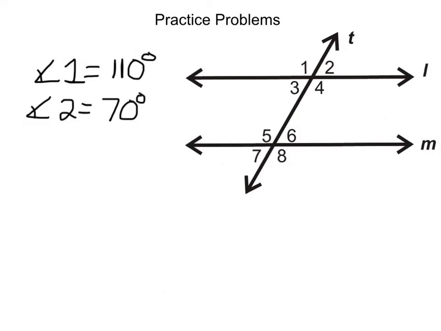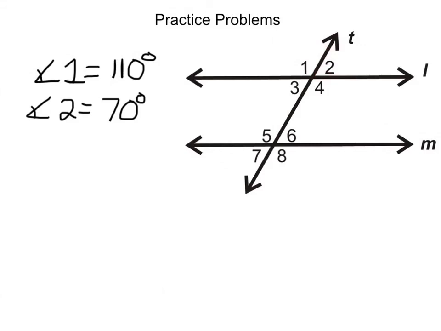And the reason that it's 70 degrees is if we think back to the beginning of the lesson, we learned that a supplementary angle, okay, angle 1 and angle 2 are supplementary, meaning they form a straight line. Those two angles together equal 180 degrees. So if angle 1 is 110 degrees, then angle 2 needs to make up the difference, which means 110 plus 70 would be 180 degrees.